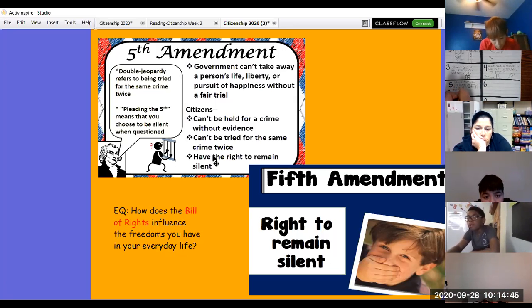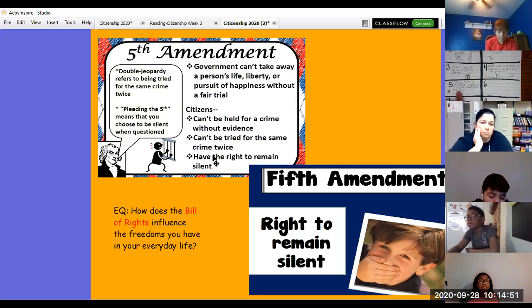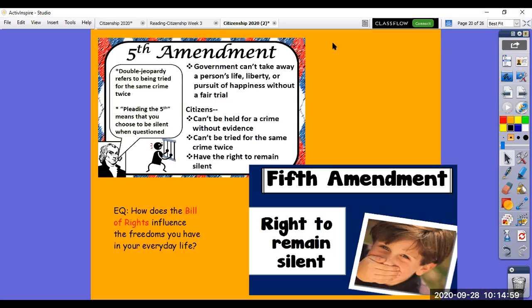And we talked about last week in our notes, that is one of the 6 parts of due process. Everybody can ask for their case to go to trial. And we talked about how it needs to be fair. There are 12 people selected on your jury, and they get all of the evidence, and they look at it, and they decide if you're guilty or you're innocent.